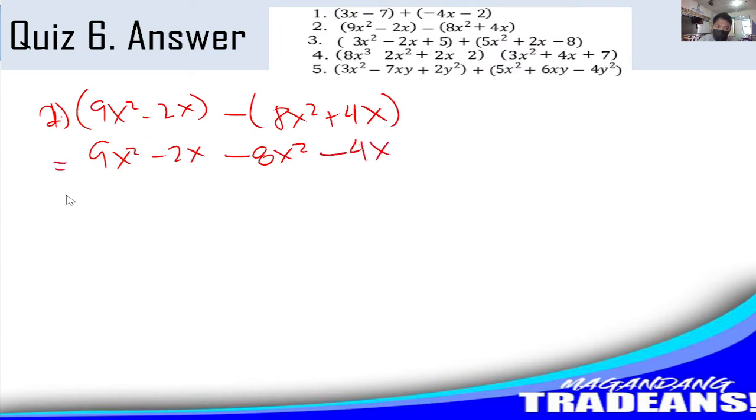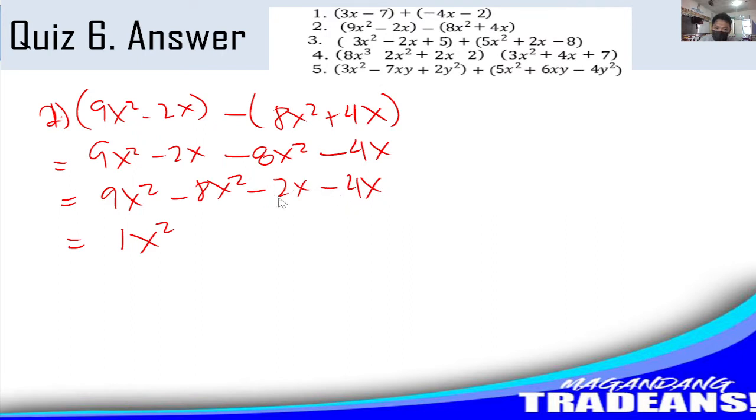Then we are going to look for the partner. The partner of 9x squared is 8x squared. Why are they partners? Because they both use x squared. The partner of negative 2x is negative 4x. As we continue, 9x squared minus 8x squared, or 9 minus 8, the answer is 1, and x squared is the variable used, so just copy. Next, 2x and 4x: you owe 2 because it's negative 2, and you owe 4 because it's negative 4.